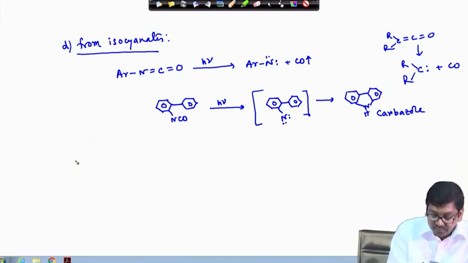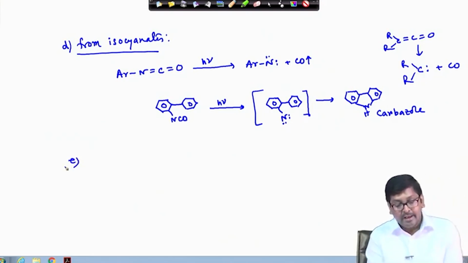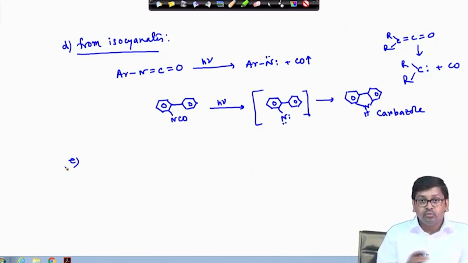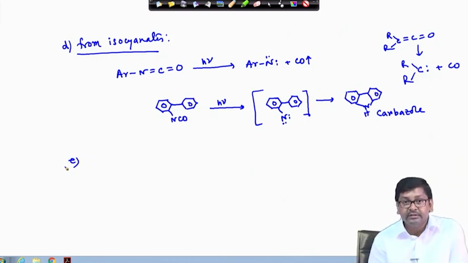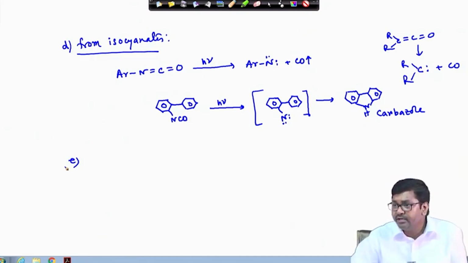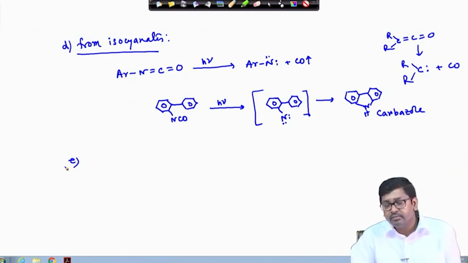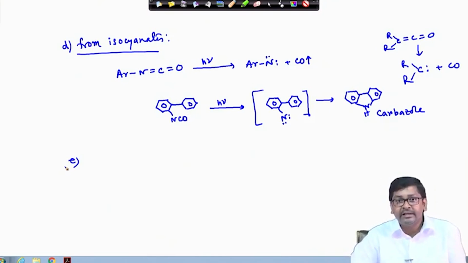Similarly, there is another method through which we can generate nitrene, and nowadays it has become very popular due to its easy handling. Azides are the most common and useful, but in a lot of cases azides are very hazardous and they are explosive also. After a certain temperature, most of these azides decompose and they can explode.